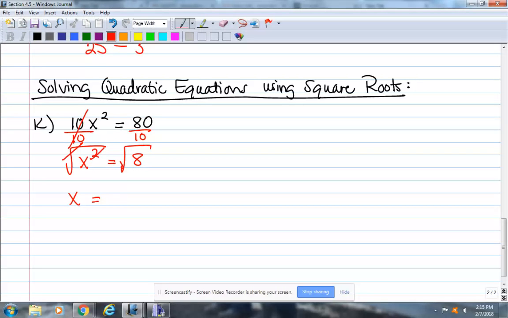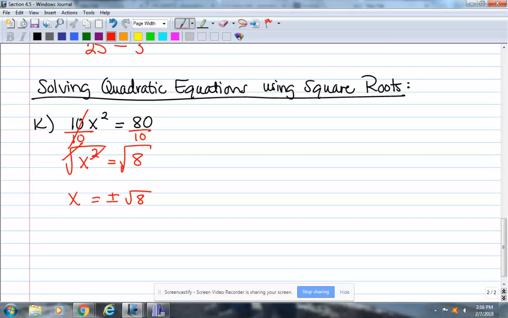But also, negative 6 times negative 6 multiplies to get 36, right? So you can consider them being both positive or both negative. So to account for it being two different things, you need to put plus or minus the square root of 8. That means the negative or the positive.